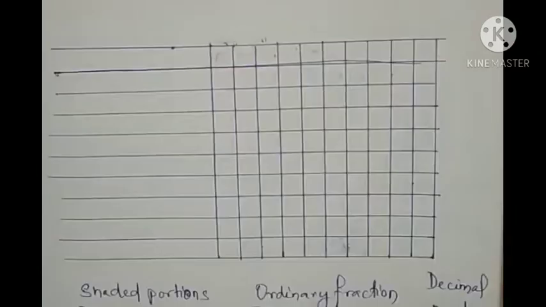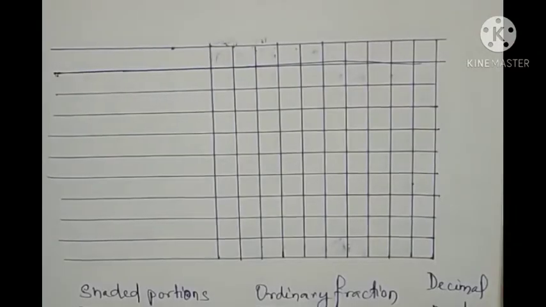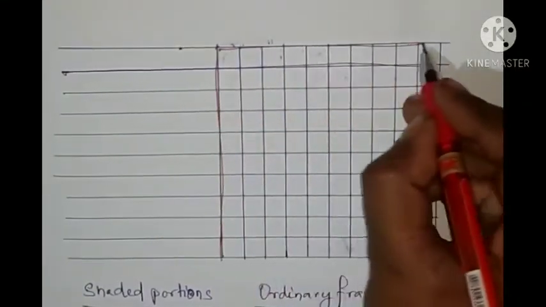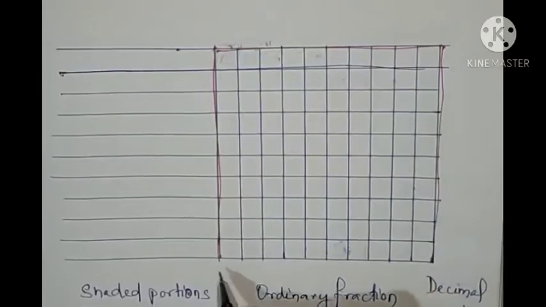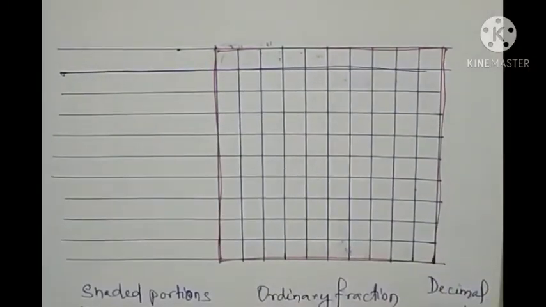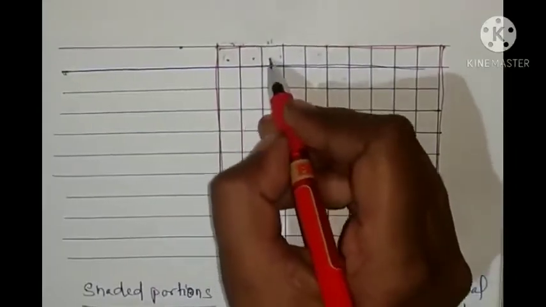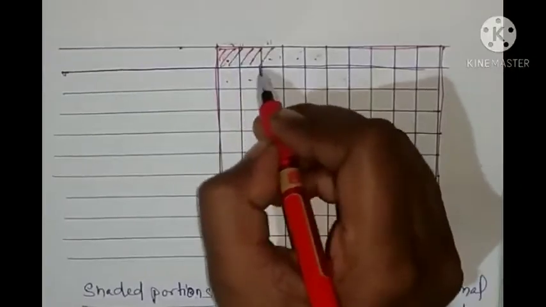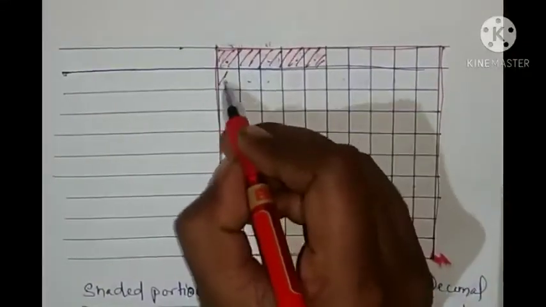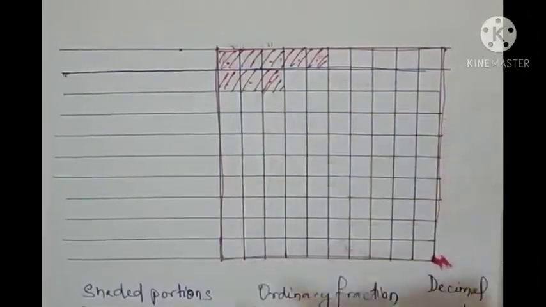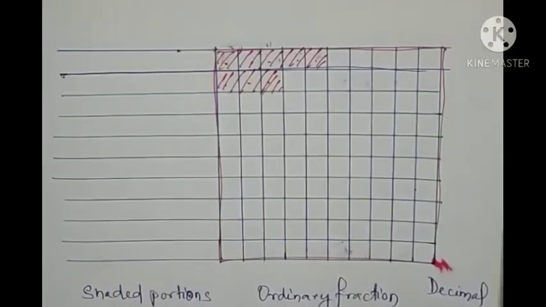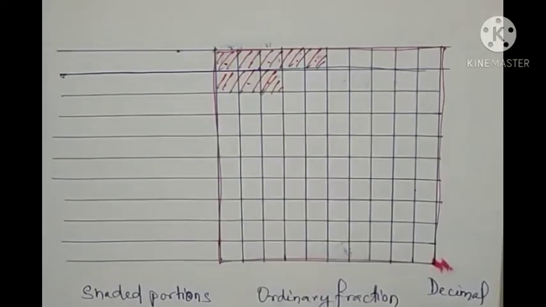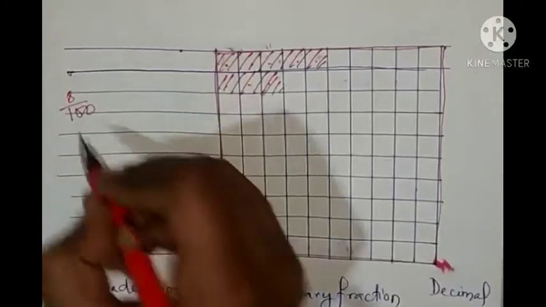Let's see some more. Look at this box. This box is divided into 100 equal parts. If I take 8 squares, 1, 2, 3, 4, 5, 6, 7, 8, then as a fraction I write 8 by 100.